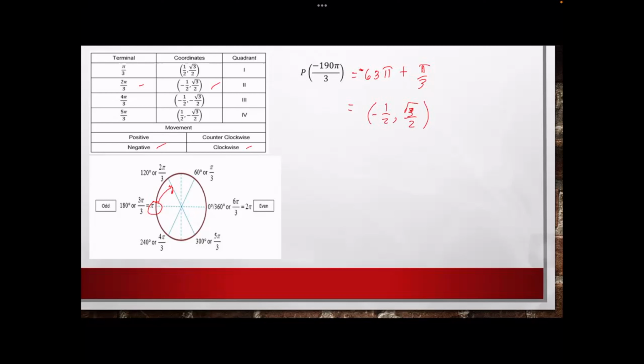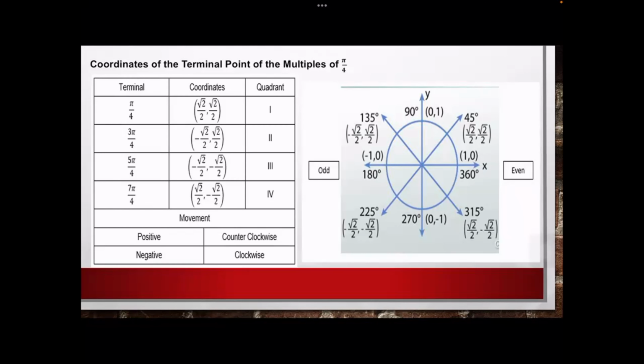Let's go to the multiples of pi over 4. In the multiples of pi over 4, ang coordinates lang naman na is the square root of 2 over 2 and the square root of 2 over 2. It will vary again doon sa kanyang mapupuntahang quadrant. It's either quadrant 1, 2, 3, or 4. So again, quadrant 2 is negative positive, quadrant 3 is negative negative, tapos quadrant 4 is positive and negative.